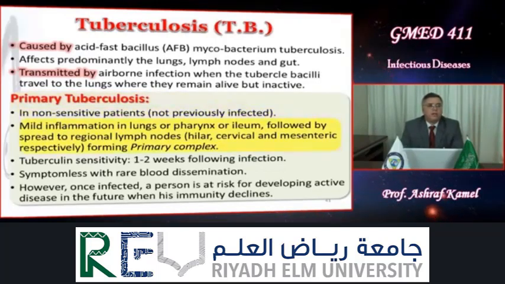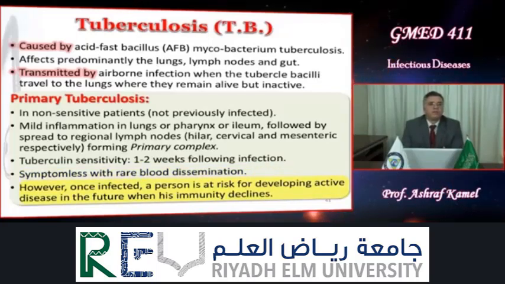There is a mild inflammation in the lungs or the pharynx or ileum, followed by spread to the regional lymph nodes, whether hilar, cervical, and mesenteric lymph nodes respectively, forming the primary complex. Tuberculin sensitivity becomes positive 1 to 2 weeks following the infection. It is symptomless. It is subclinical with rare blood dissemination.